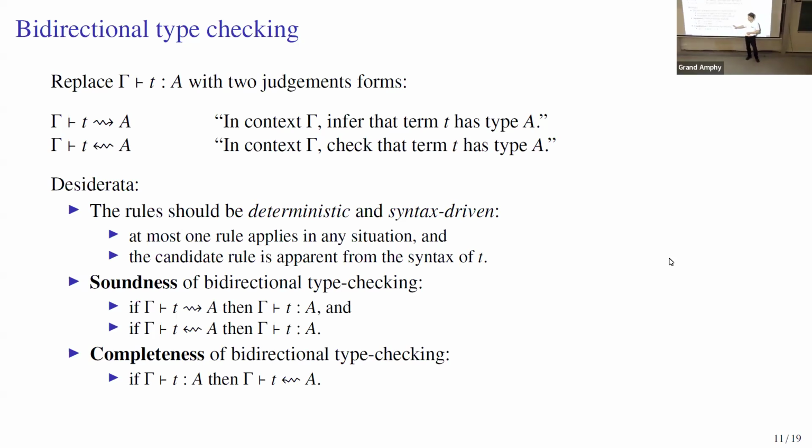But I warn you not to take meta theorems easily, because sometimes it's hard to prove them and they're finicky, but you should still think about them. Will we gain something? Could we just add a rule that says if you can check, you can infer? That makes sense. Yes, so long as that doesn't ruin your flow of information, because I want to use this A as output. So I have to think about that.